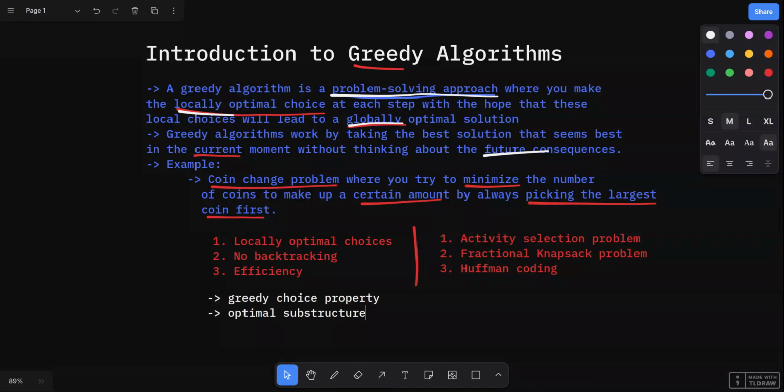Now, from what you've seen, you can notice that it doesn't always mean a greedy algorithm is going to be the best solution. It's not always going to work. There are certain cases when a greedy algorithm might fail, because it doesn't always give the optimal solution. Especially when you have a case where a problem needs a global consideration rather than a local consideration. I'll use a real world example, such as climate change.